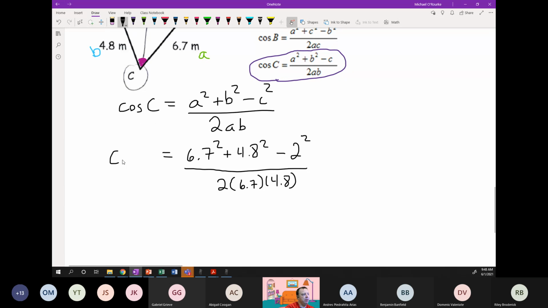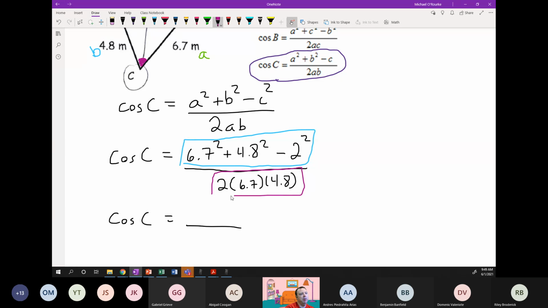Now, we still have cos over here. What I do here is I do this calculation first and put it on top. And then I do this calculation down here and put it on the bottom before I do my division.